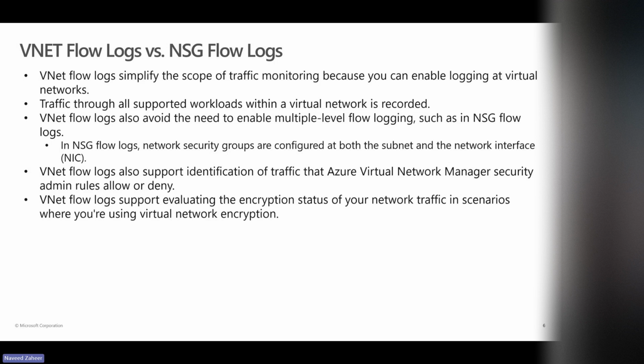In this case, it's more simplified. The other thing is it also takes into account the rules set up by Virtual Network Manager. And it also checks the encryption status of your network, whether that's enabled or not.